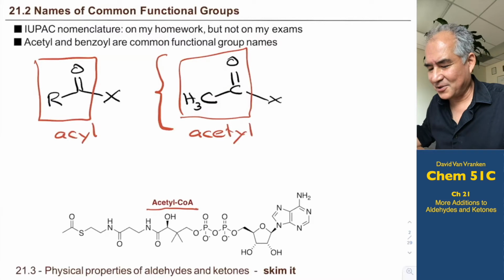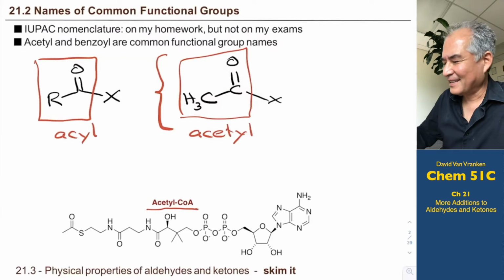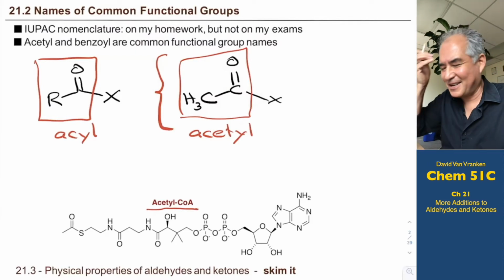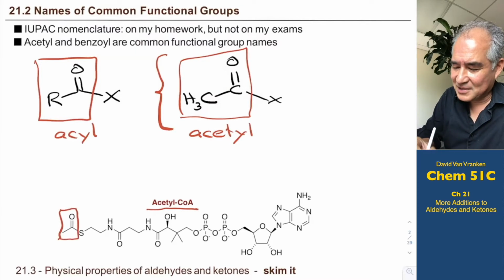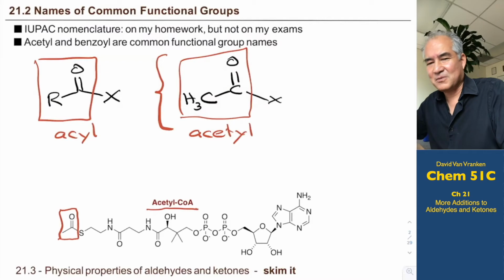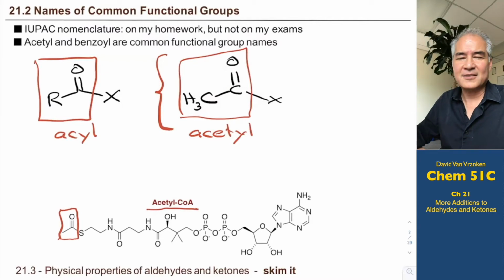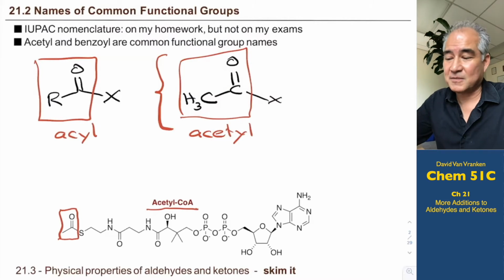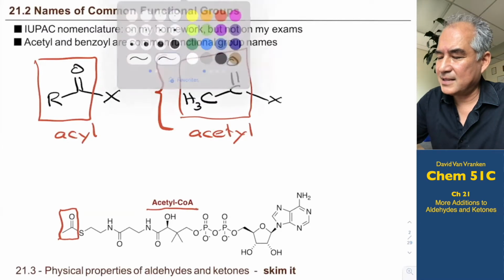I hope to gosh you haven't been forced to memorize that. I had to memorize that when I was an undergrad. I'm still waiting to use the Krebs cycle in any aspect of chemical biology or bioorganic chemistry. But that whole acetyl part is just this tiny little piece here, whereas coenzyme A is all the rest of that molecule, which is really the handle for the protein to bind onto. So I expect you to know acetyl and what that means, and biochemists expect you to know what that means as well.